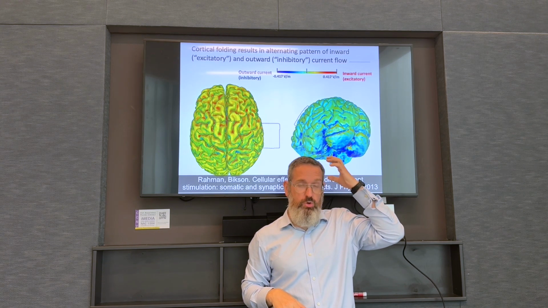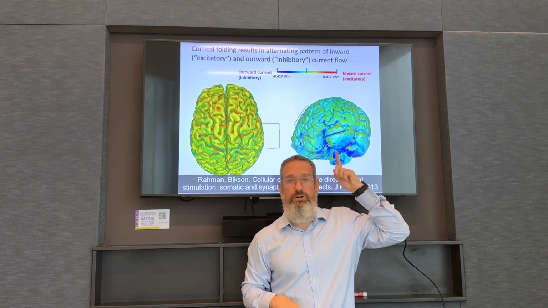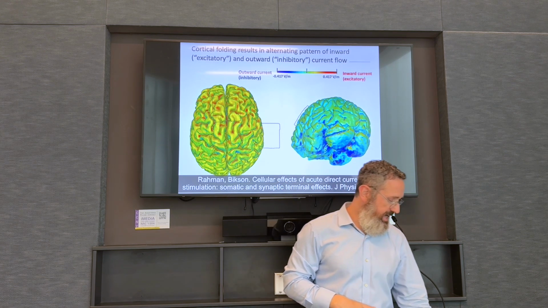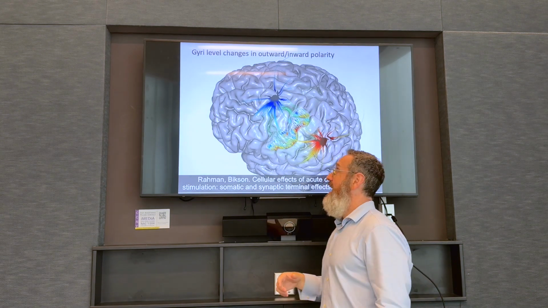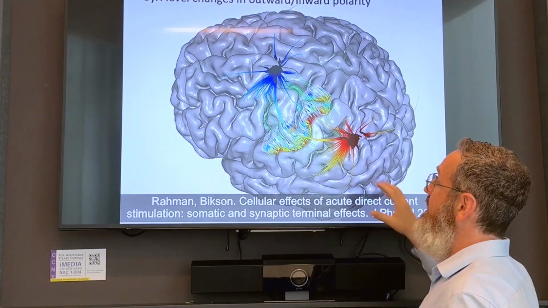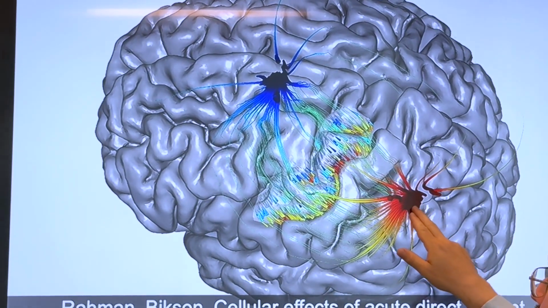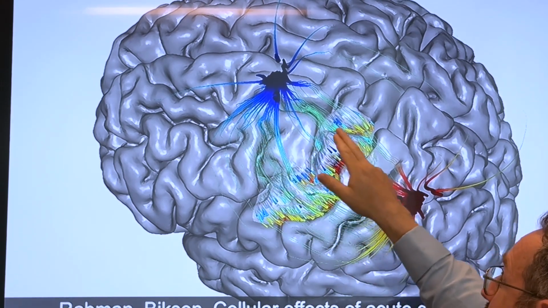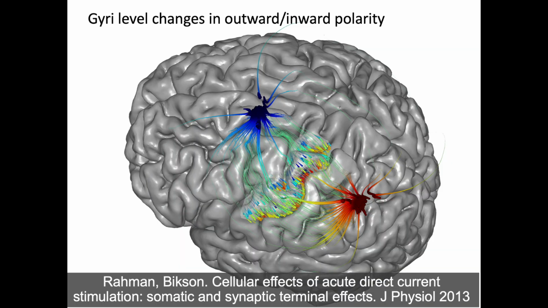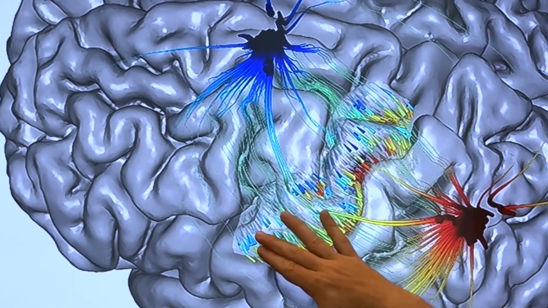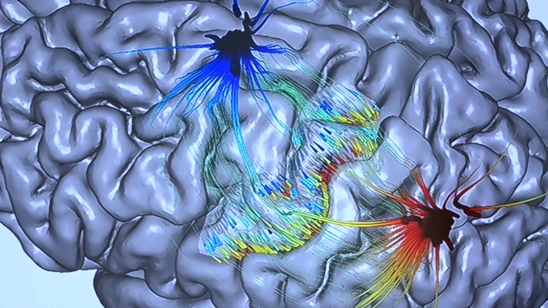Under the anode, we have a mix of in and out. And the same thing goes for under the cathode. You could visualize it another way. Here now, I'm stimulating with just 2 small electrodes. Here's the positive, here's the negative, and I'm looking at what's happening in a single gyri, a single nodule between them. You can see what happens as the current travels.